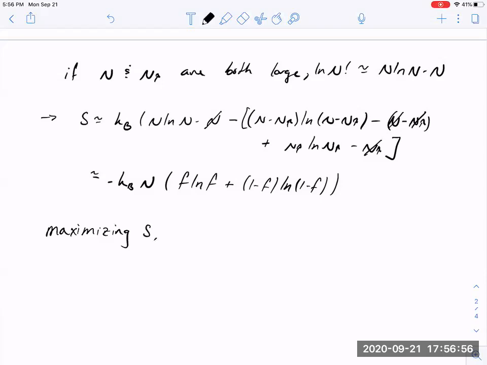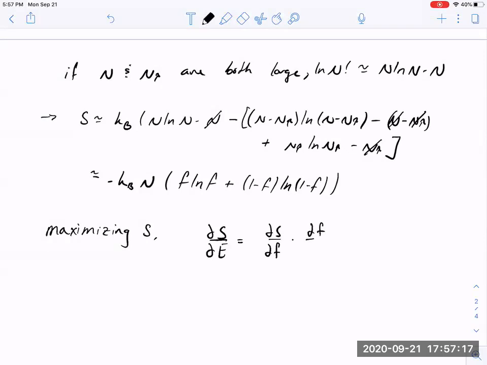If we do this, say with respect to the energy, well, it's most convenient to do that partially with respect to the fraction of spins up. We have an explicit expression for how S changes with f. We also have an expression for how E changes with f.